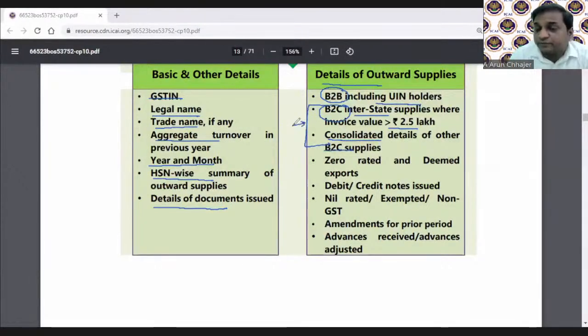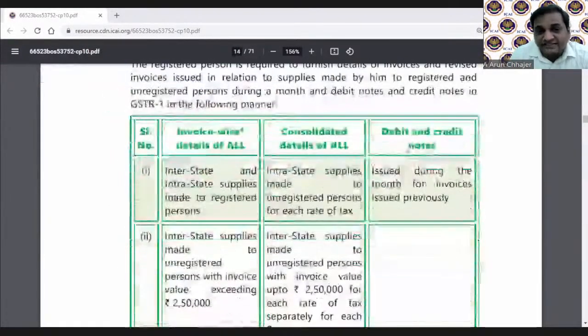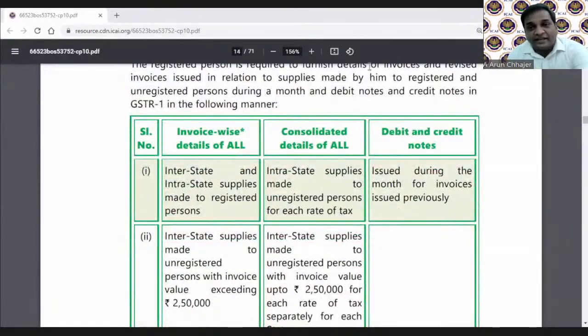This I will explain, just wait for some time. Zero rated supplies and deemed export, debit note and credit note, nil rated, exempted, non-GST outward supply, amendments, advances received and adjustment. These are the information which is to be captured in the GSTR1. Now I will explain from the government portal what that is.